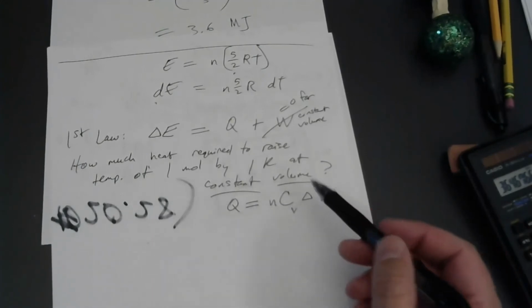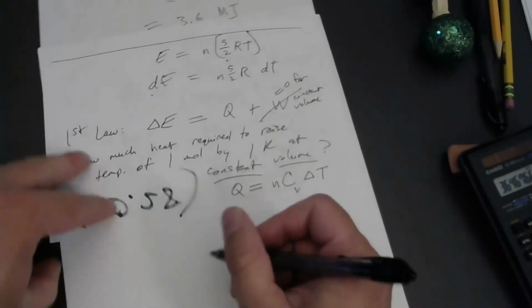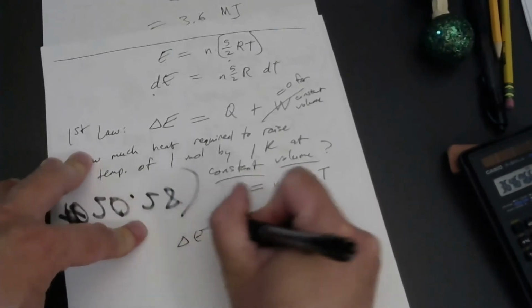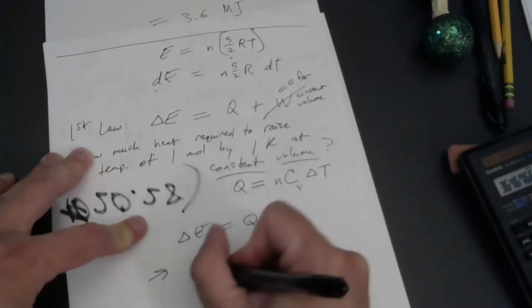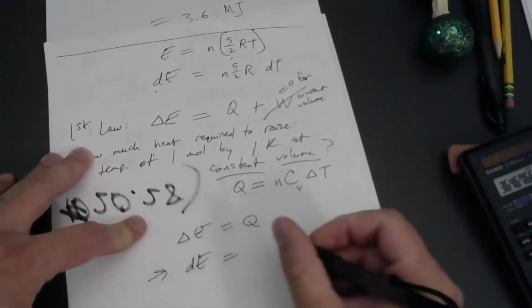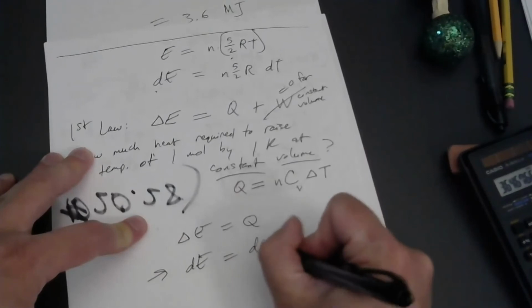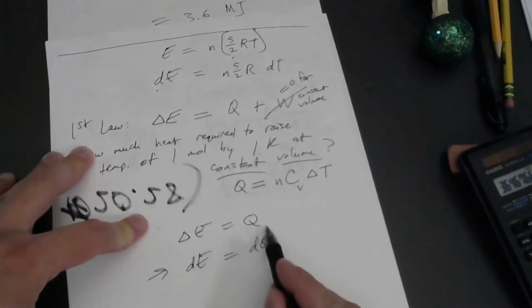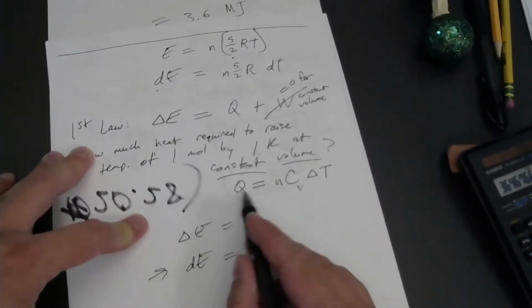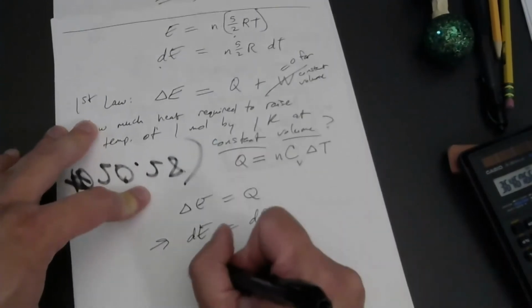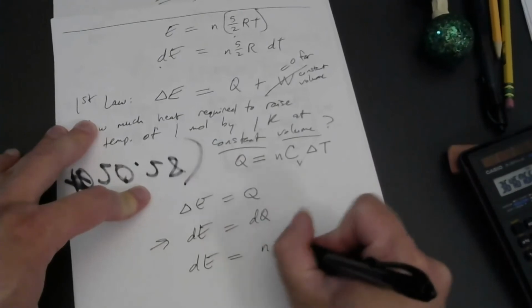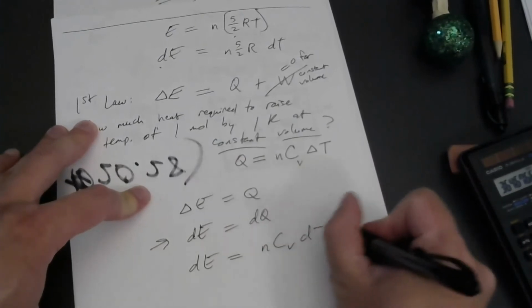So how about I now use the differential form. I'll take this equation, see I've eliminated work, and I'll write it instead as a tiny change in energy would be a tiny quantity of heat added. Well, a tiny quantity of heat dQ would involve an infinitesimal change in temperature. So dE would be equal to nC_V dT.